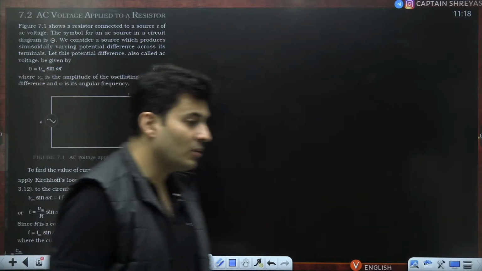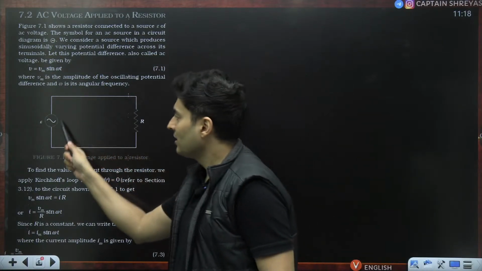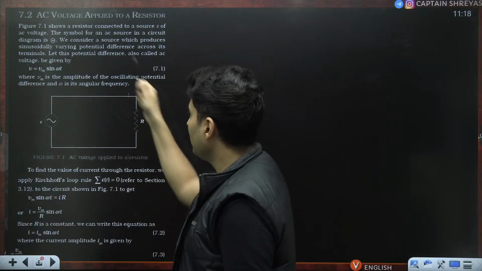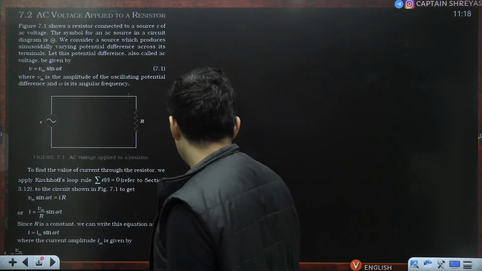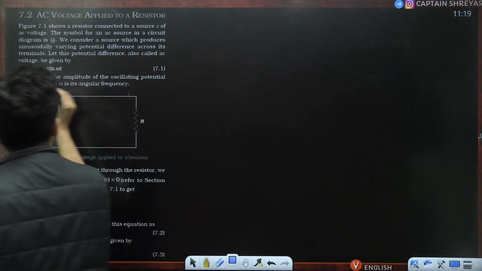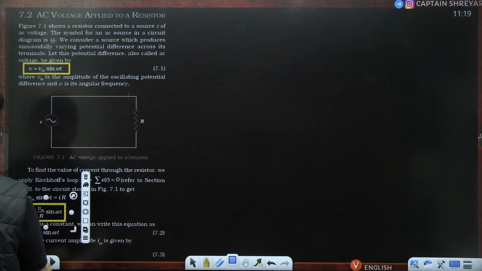What happens when you connect an alternating source, you can see this is a source, to a resistor? There are some interesting things in this paragraph. I will mark some important formulas right over here. Let's say this is the voltage difference, this is the current, where I is equal to this.